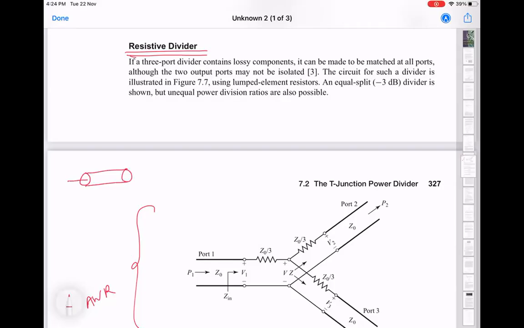So the center conductor has a resistor now. Okay. That's this part of the circuit.